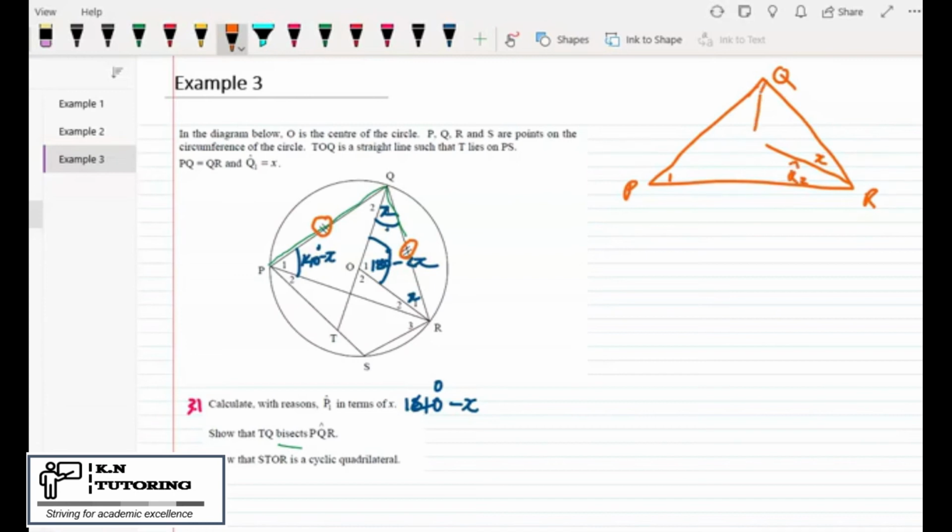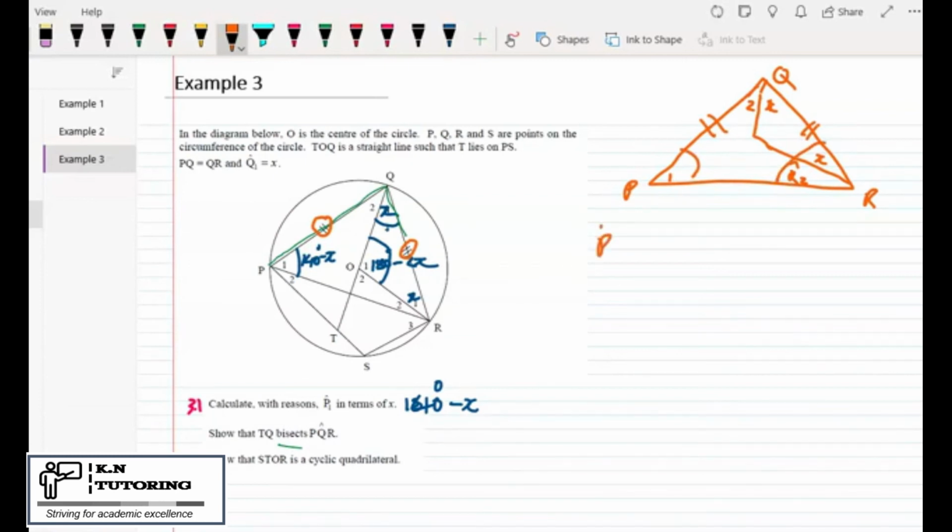Then this one meets there. So we've got X, and we want to prove this. So this is Q1 and Q2. Now, because these lines are equal, this angle must be equal to that angle.